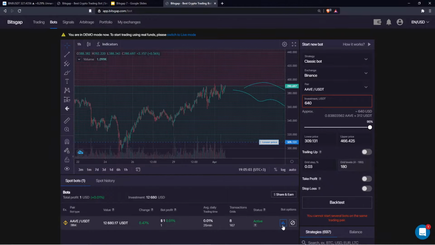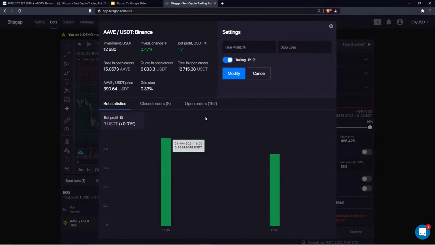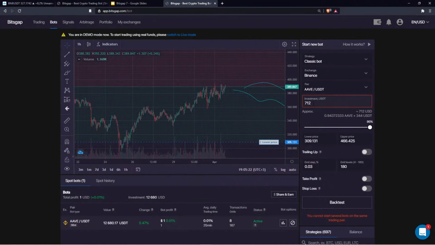Thanks to this analytics, you can compare bots with one another to find your ultimate configuration. Maybe your ultimate configuration is only to trade a classic bot which has 70 grid levels and an average investment of maybe 400. Maybe this is your ultimate strategy.